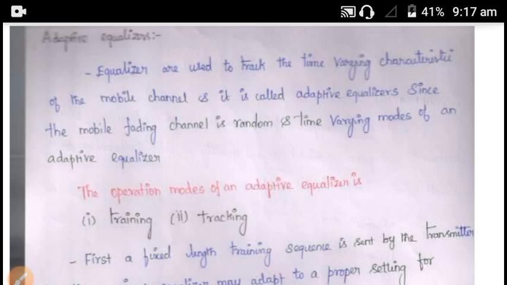In the adaptive equalizer, this equalizer is used to track the time varying characteristics of the mobile channel, and it is called adaptive equalizer. So we know there will be various channels between the transmitter and receiver; the transmitted signal goes through a number of channels. So this adaptive equalizer is used to track the time varying characteristics of the mobile channel.